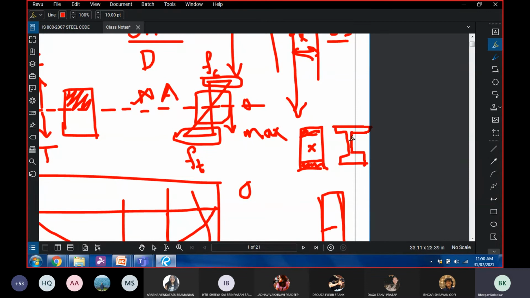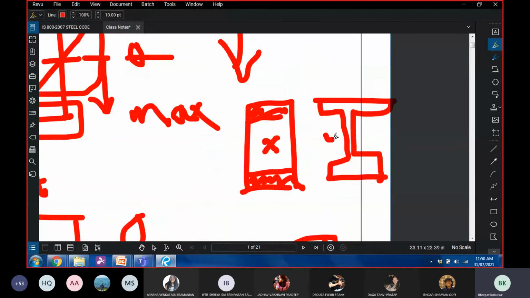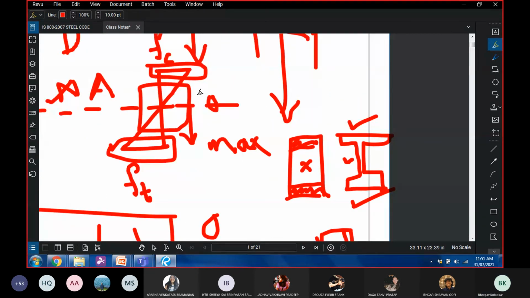Now, if I'm using an I section, anyway, here the stress is going to be less. So this material is enough to take care of that. Here I'm providing larger material because there's larger stress. Here I'm providing larger material because there's larger stress. And that is the reason why I sections are the most commonly used beam sections. Because they sort of get us what we need.